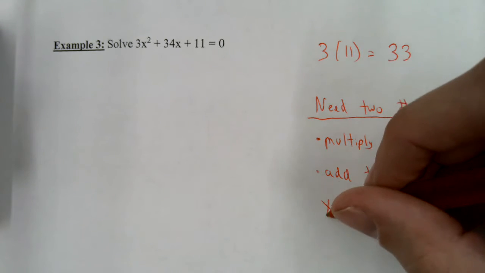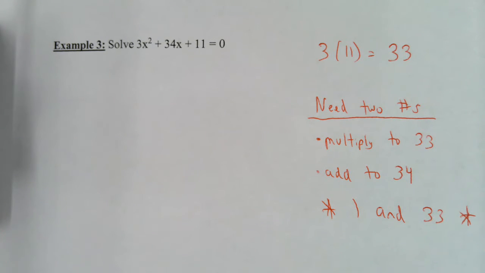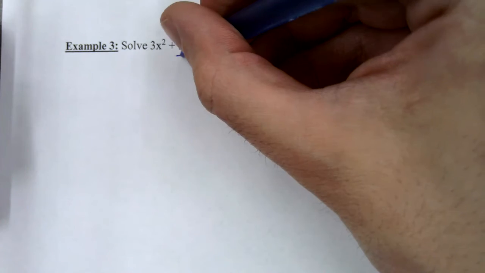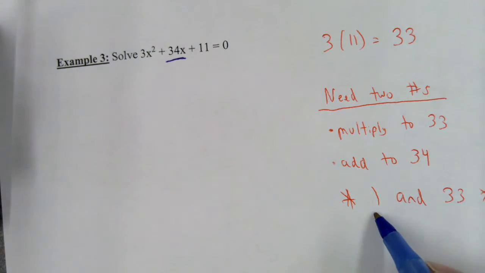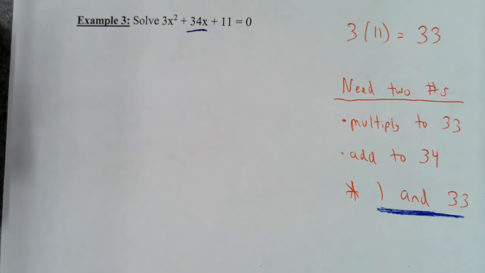So think about that for a minute. The answer is going to be 1 and 33. So what you're going to do is replace 34x with these two numbers, with the x added on.